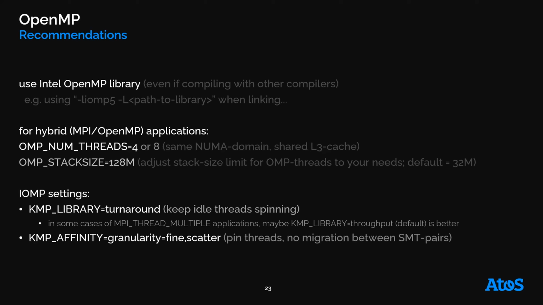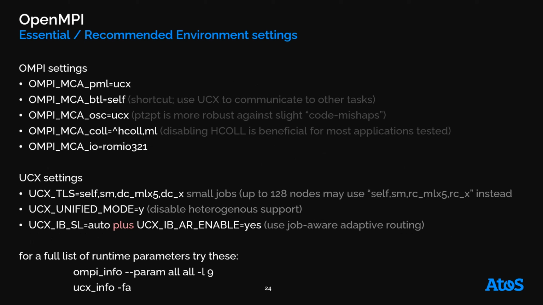Yes, that was for OpenMP, and then to OpenMPI. We recommend to use OpenMPI because it supports Slurm and srun and sbatch to the fullest. With Intel MPI, the placement support and so on is somewhat limited.